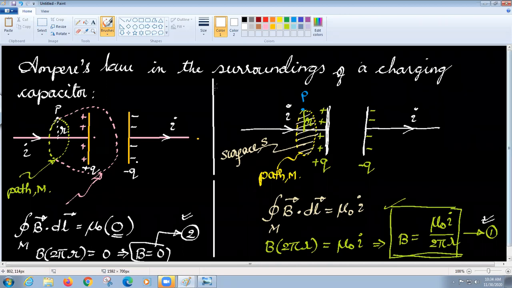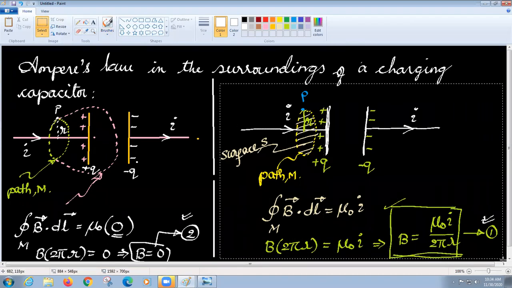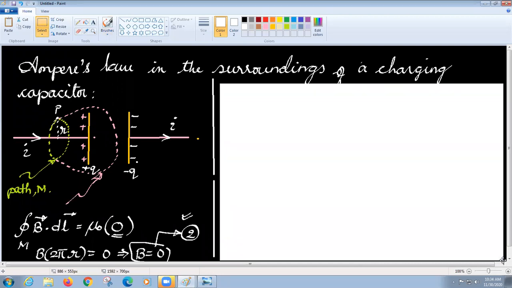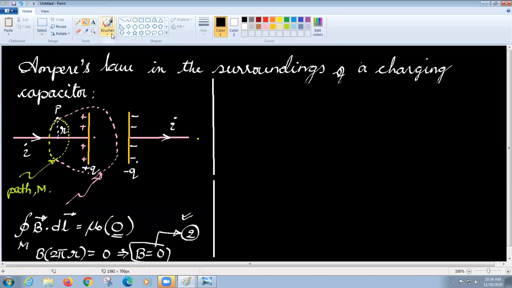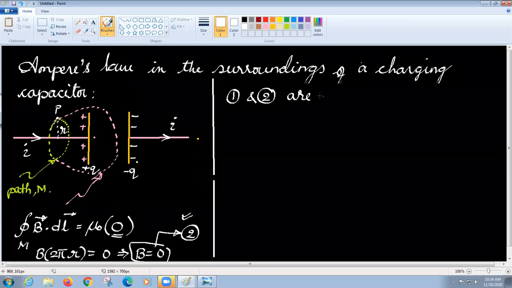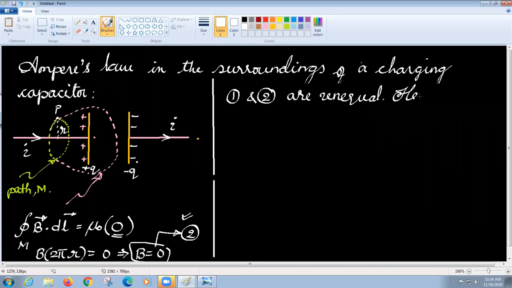So therefore, it's a clear flaw. So what we could say now is equation number 1 and equation number 2 are unequal, hence inconsistent.